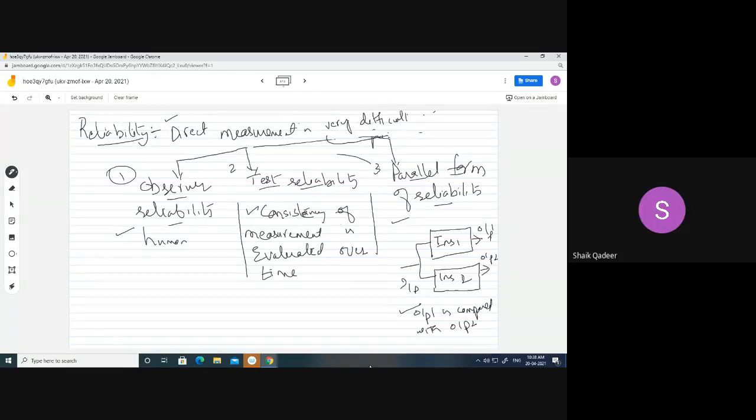Third one, parallel form of reliability.